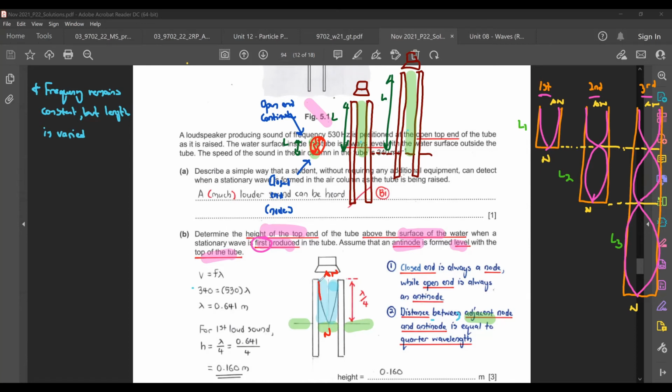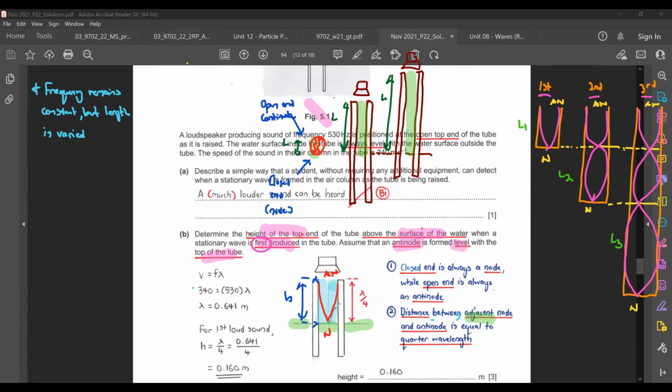So this is your shape. This is your first stationary wave. So they want the height from the top of the tube to the surface of the water. You will see it's actually talking about this. This is the height they want from the top end of the tube to the water surface.